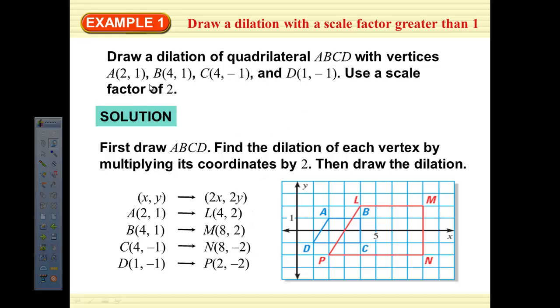So what you do is you plot the original points. You've got 2, 1, 4, 1, 4, negative 1, and 1, negative 1. And then you plot the new ones: 4, 2, 8, 2, 8, negative 2, and 2, negative 2. And then you just connect the dots for each, and you get your dilation.